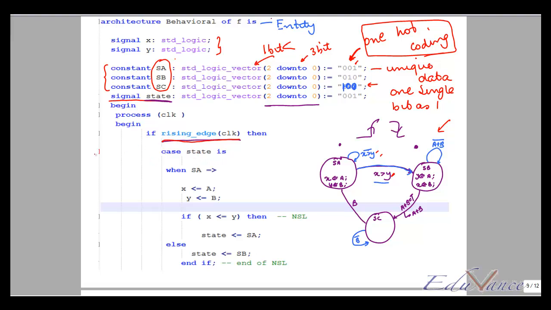So this will be a case select statement. Case state is when state A, I write my OFL, that is output function logic, that X must get A and Y must get B.